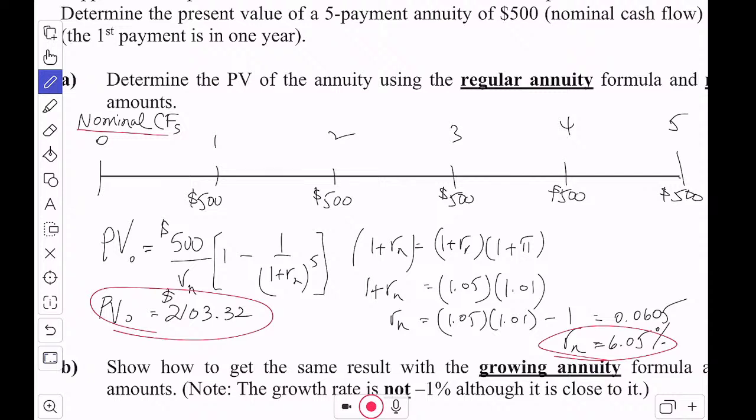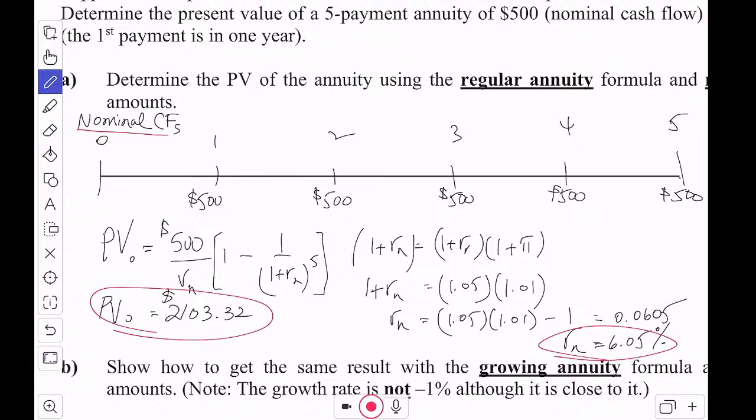Questions? Now, just like before, we should be able to get the same answer using the real rate that they gave me and the real amounts. So we need to compute the real amounts and use them in the growing annuity formula.